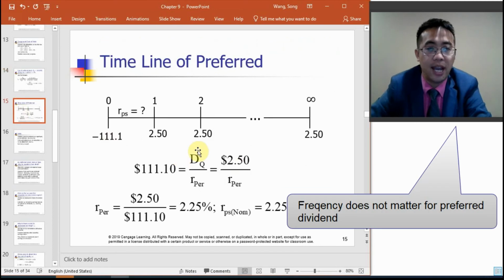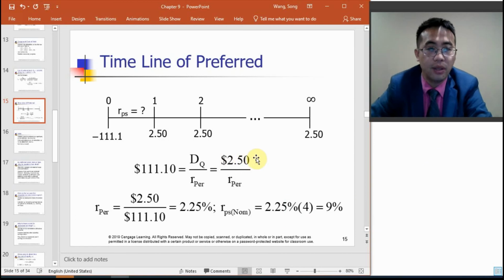If you divide the annual payment, $10, by 4 to get $2.5, which is your quarterly payment, then you solve for the return: the quarterly dividend divided by the full price, the after-flotation price.